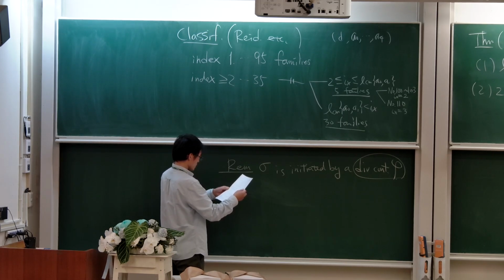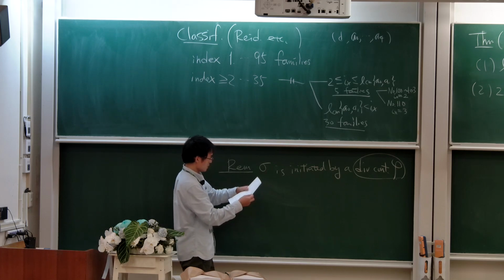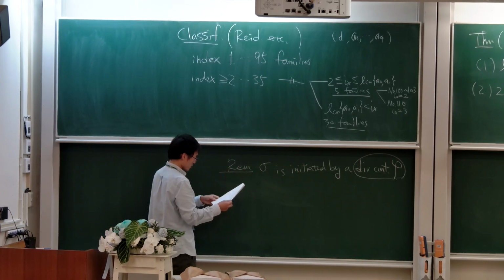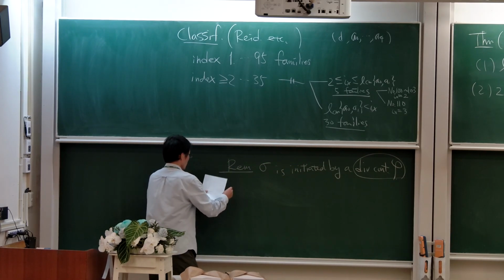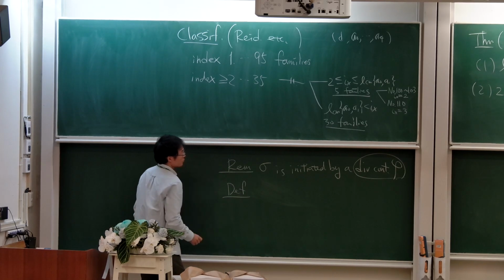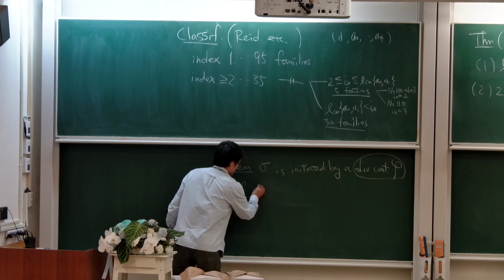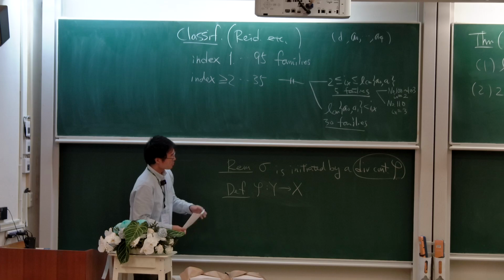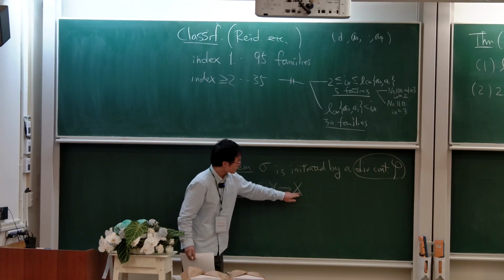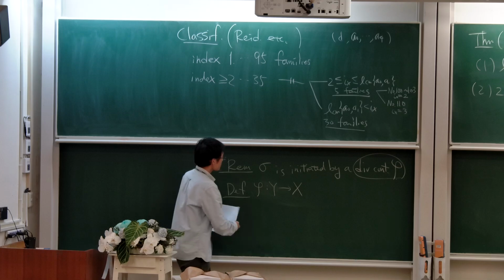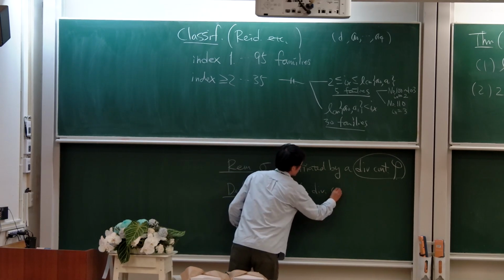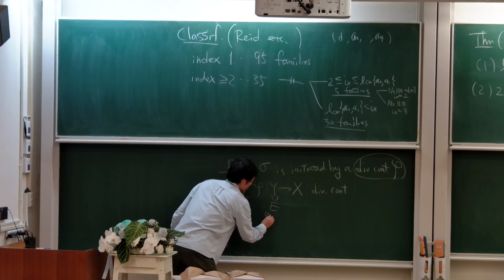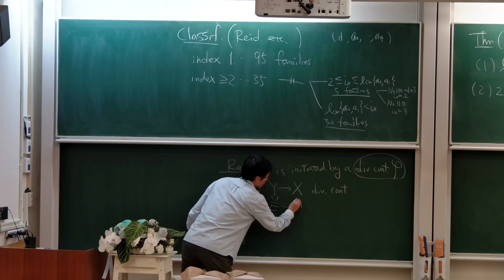So next, how do we check whether the given contraction initiates a link or not? It's not easy, but here we have a definition. Suppose let phi be a divisorial contraction. Here X is a Fano variety of Picard rank 1. And let E be the exceptional divisor and its center.